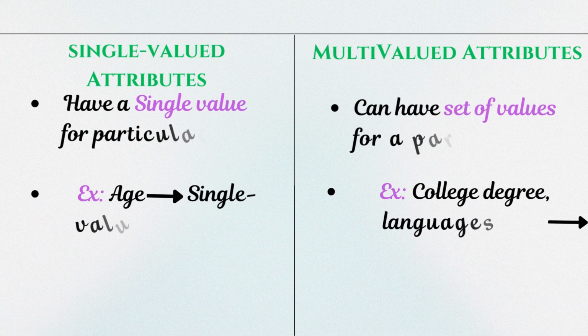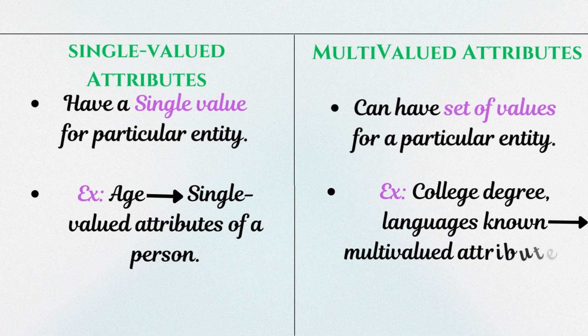Next, we have single-valued attributes and multi-valued attributes. Single-valued attributes have just one value for a particular entity, whereas multi-valued attributes can have a set of values for a particular entity. An example of a single-valued attribute is age. A particular person can have only a single value for this attribute.